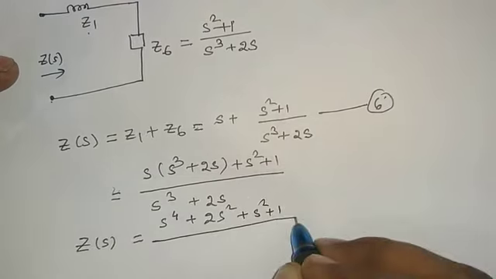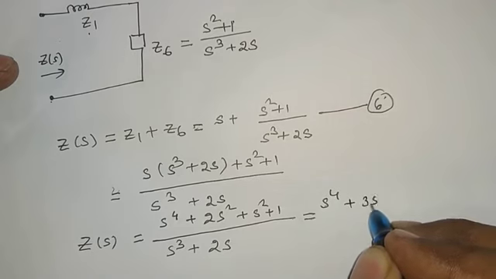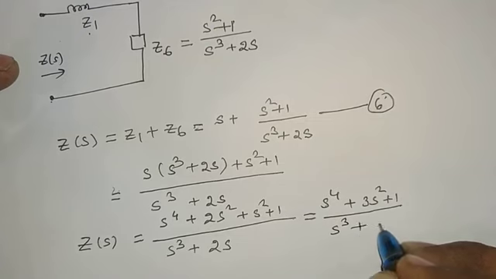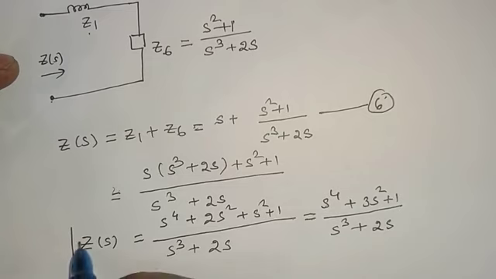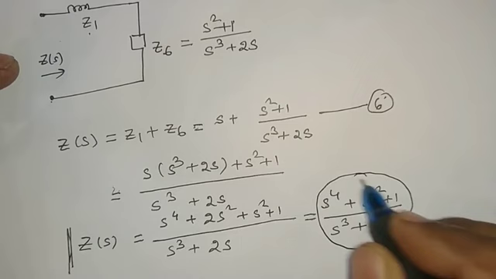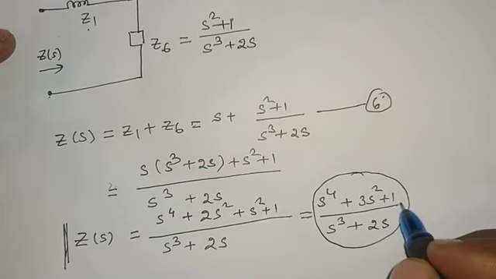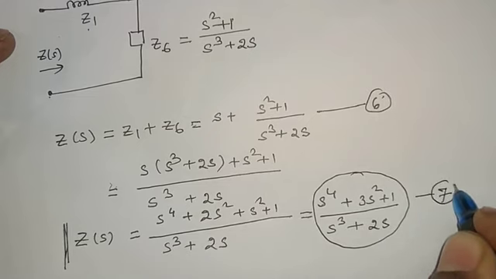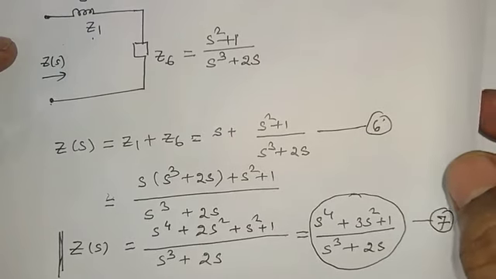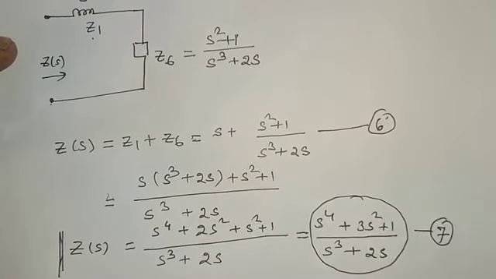Now, the last answer will be S to the power 4 plus 3S square plus 1 divided by S cube plus 2S. In this way, I have calculated the value of Zs. So this is the way in which we can calculate the driving point function of any network. Thank you.